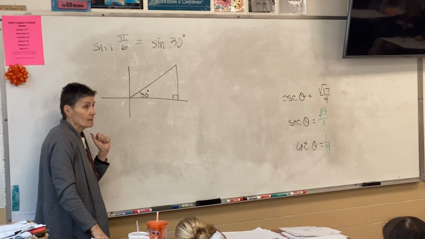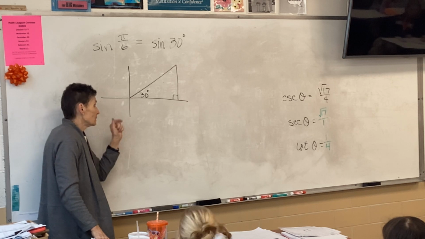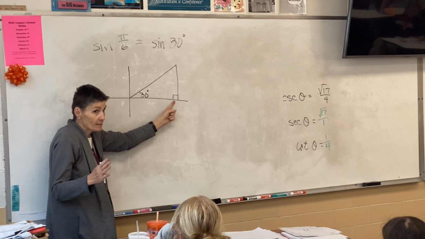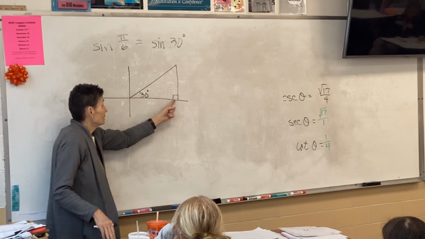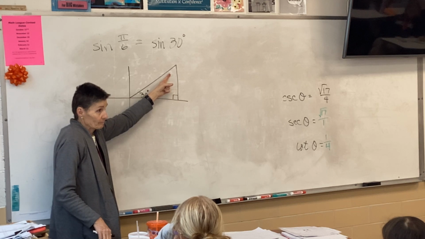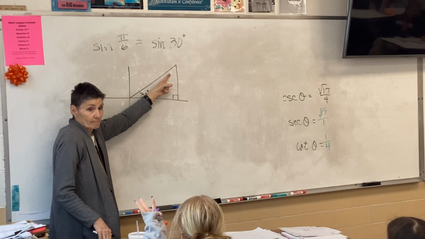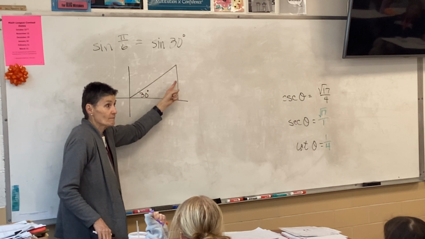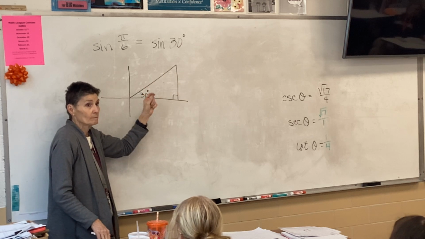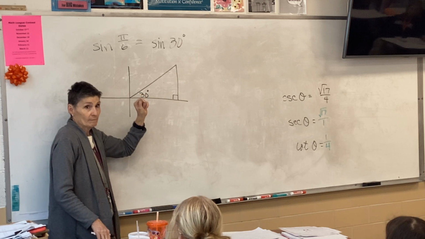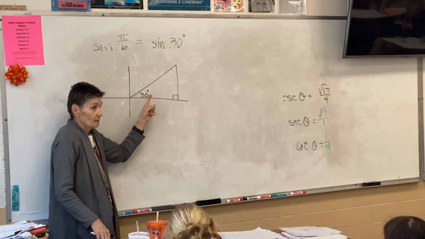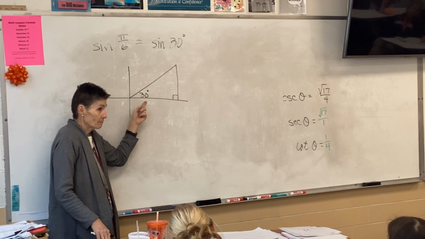Okay? Now, if that's 30, and that obviously is 90, then what's that? The angles of a triangle add up to 180. So that's 90 already. And that's another 30. 60.